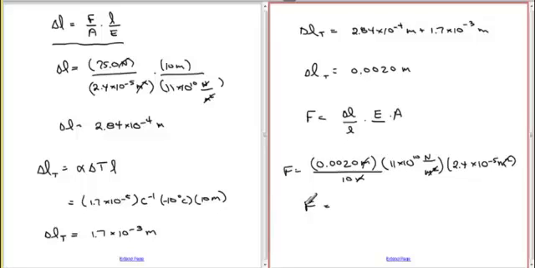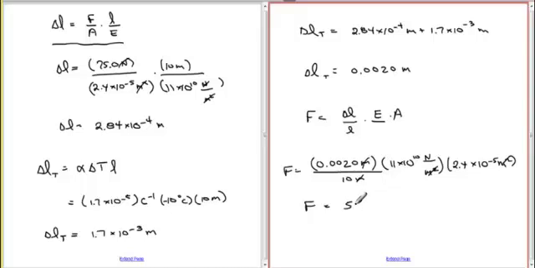So 0.002 divided by 10, times 11 e to the 10th, times 2.4 e to the minus 5.